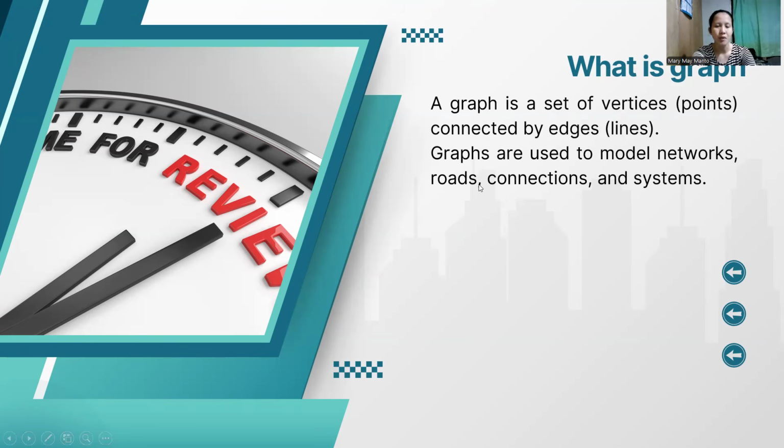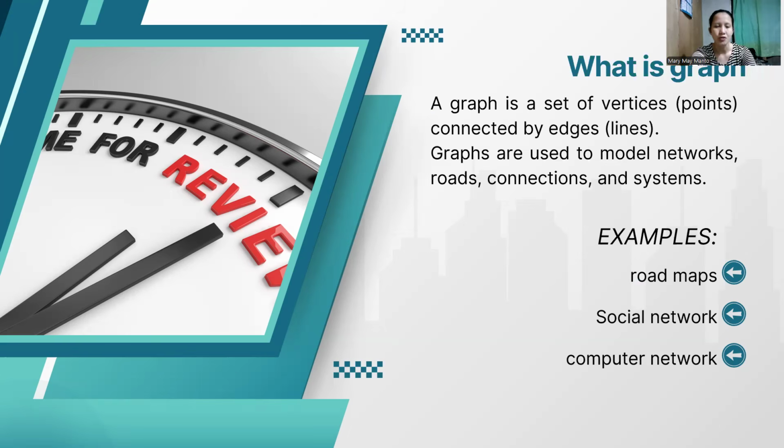Graphs are used to model networks, roads, connections, and systems. There are different examples or real-life applications of graphs. The first is roadmap. The second is social network. The third is computer network, and many other real life applications.